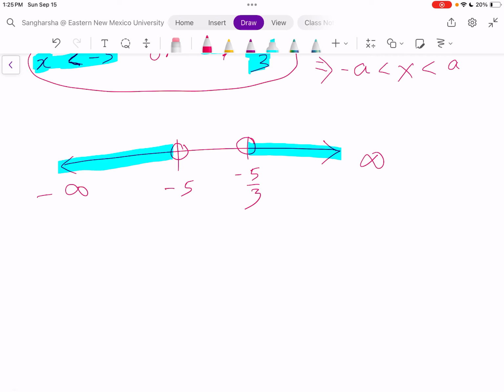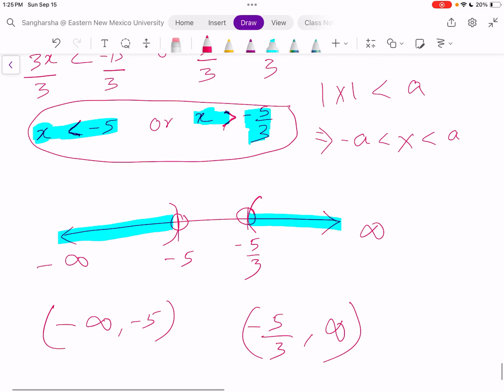So let's write this in interval notation. We have from negative infinity to negative 5, with infinity always a parenthesis, and an open circle, so parenthesis. Then from negative 5 over 3 to positive infinity, with infinity a parenthesis, and an open circle, parenthesis. And we have an or here.